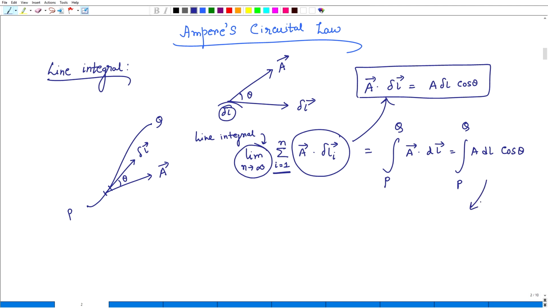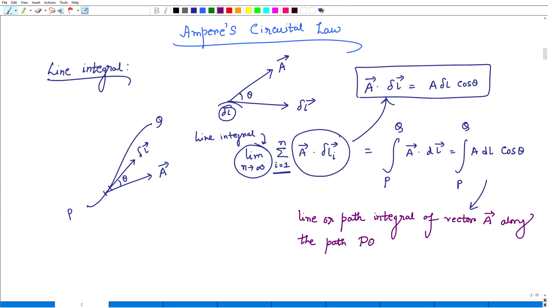So, this is, let me write, this is our line or path integral of vector A, may be any vector, importantly along the path PQ.